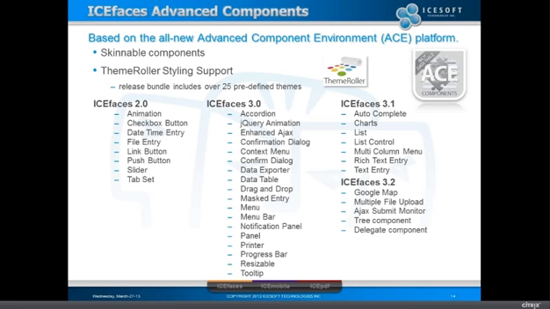ICEfaces 3, released last year, has updated it further, and ICEfaces 3.2, which is just released, has updated it with even more interesting components, such as a new Google Maps component, multiple file upload, submit monitor, tree component, and a new delegate component. So the ACE library has now grown into a very full-fledged library in its own right.